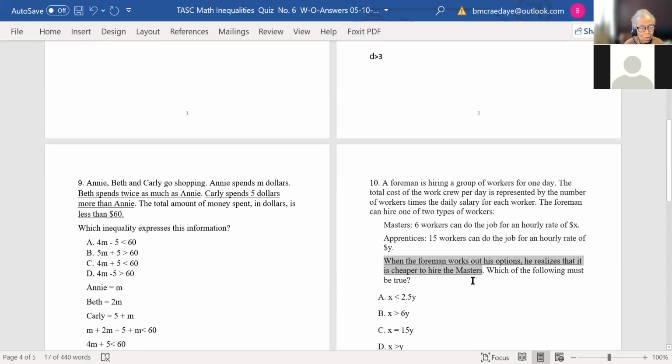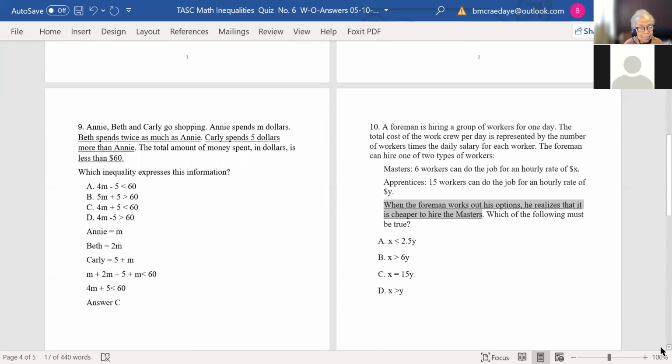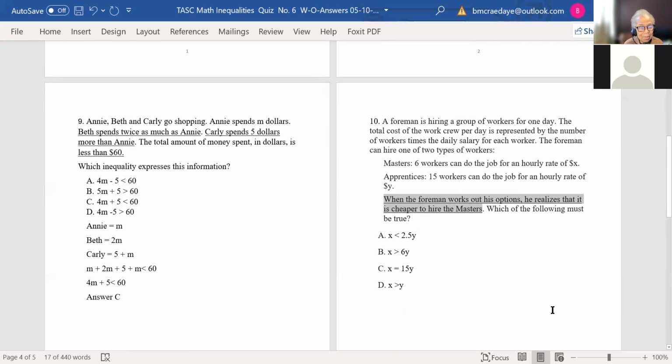So 6 workers at an hourly rate of x dollars is less than the apprentices, which are 15 workers at y dollars. How would you write that as an inequality, Maureen? The masters' work would be less than the apprentices' work.